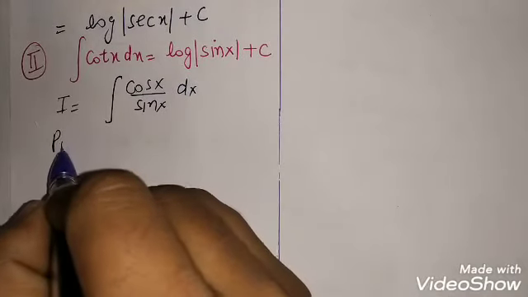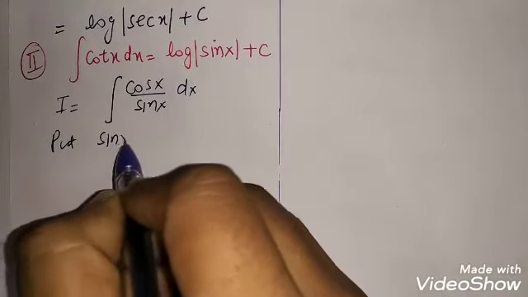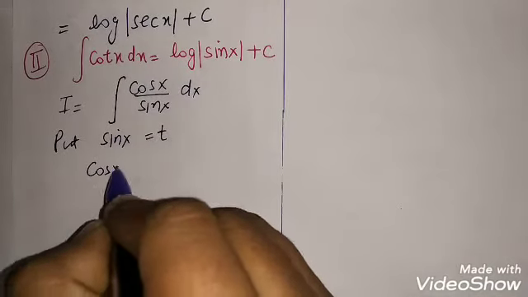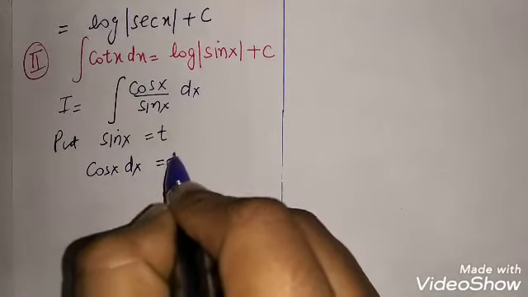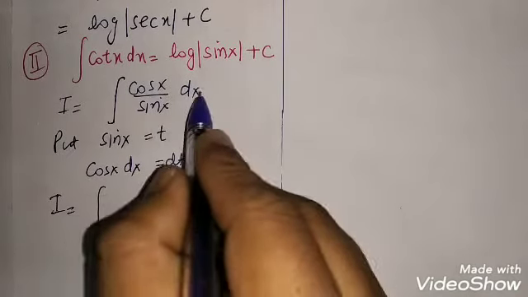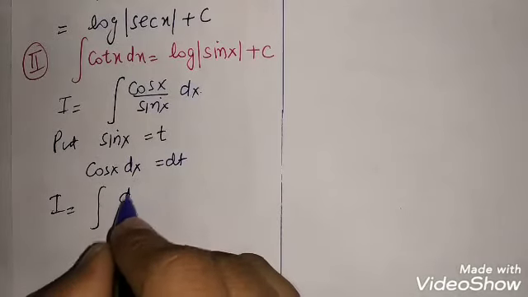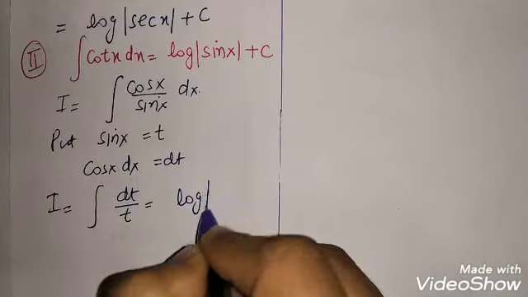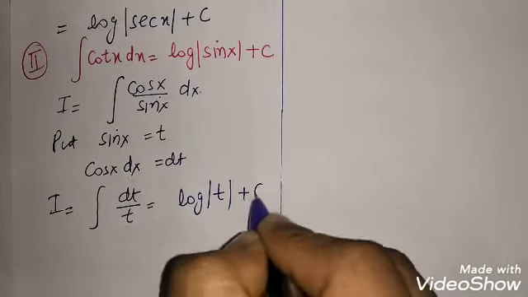Put sin x equal to t, so the derivative is cos x dx equal to dt. The integral becomes dt upon t, which is log of mod t plus c.